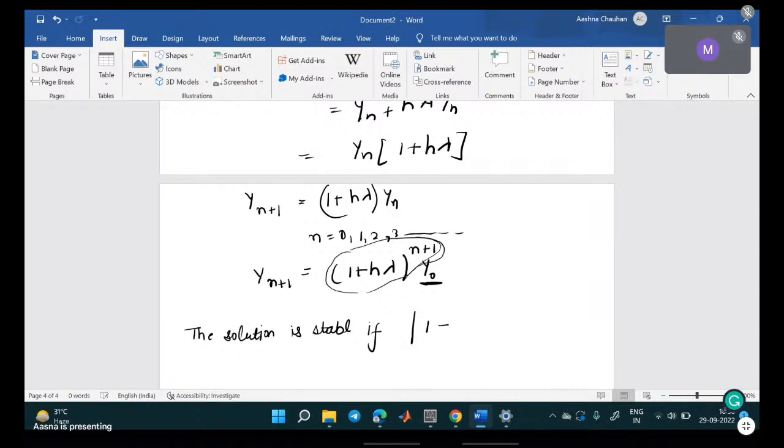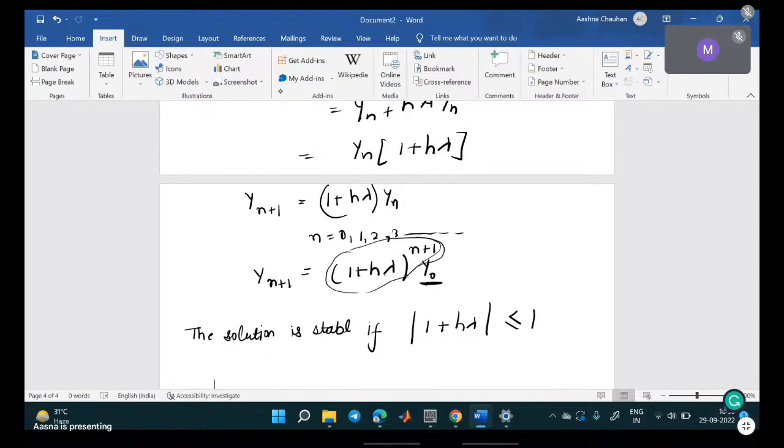If the modulus of 1 plus h lambda should be less than or equal to 1, right? अगर ये हमारा 1 से बड़ा हो गया, ये पावर के जो अंदर वाला टर्म है 1 से बड़ा हो गया, तो n की वैल्यू जितनी बढ़ाते जाओगे ये सॉल्यूशन बढ़ता जाएगा, कोई एक फाइनाइट बाउंड मिल ही नहीं पाएगा जिससे ये जो हमारा गिवन सॉल्यूशन है वो एक स्टेबिलिटी प्रोवाइड करे.